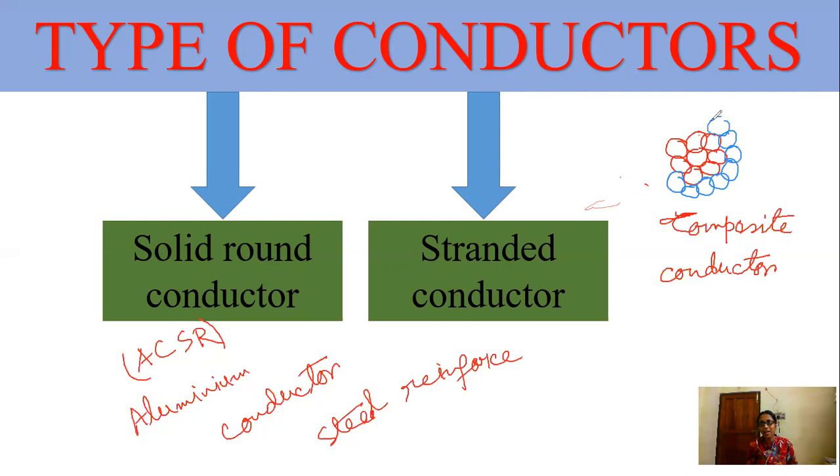So inside, the strands marked by red color are of steel, and outside, the strands marked by blue color are of aluminium. And it's mainly used for high voltage and extra high voltage lines.